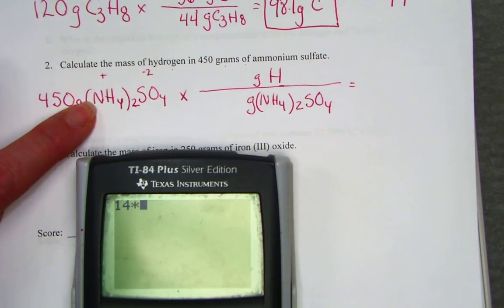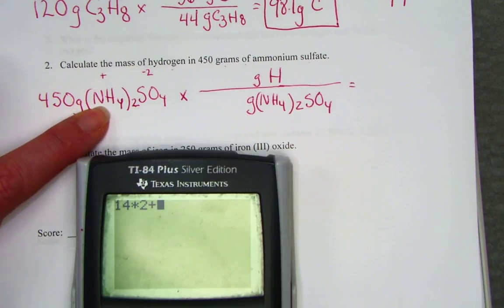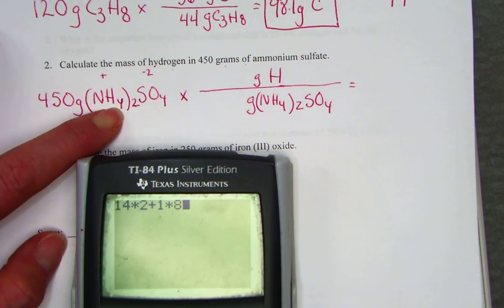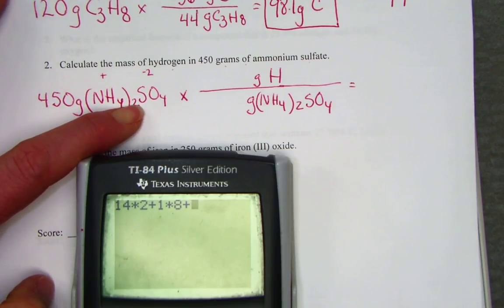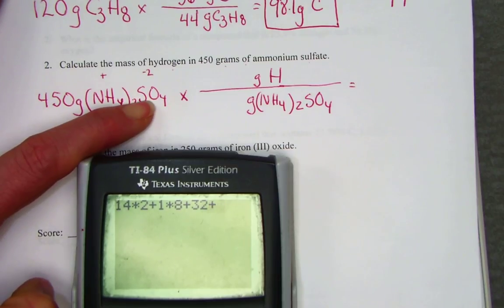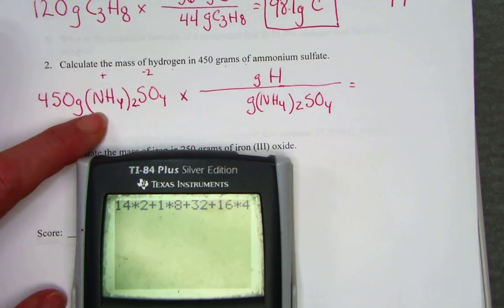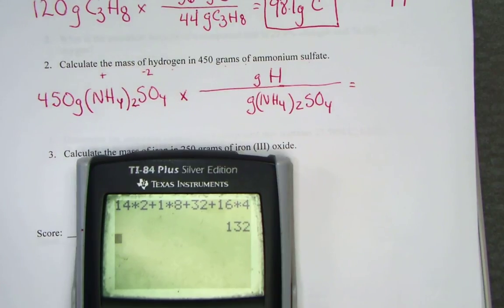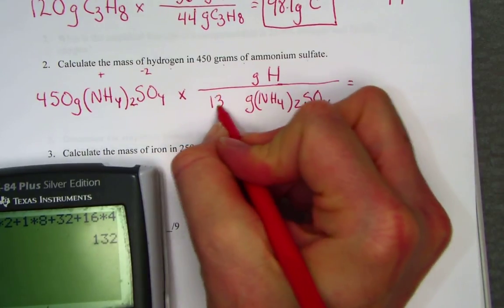That subscript is carried out through the entire parenthesis, so 14 times 2, plus hydrogen's atomic weight of 1, 4 times 2 gives me a total of 8 in the compound, plus sulfur's atomic weight of 32, and there's just 1 of them, so plus 32, and oxygen's atomic weight of 16, and I'm counting 4 altogether. So just all done on my calculator screen, I've added 2 N's, 8 H's, 1 sulfur, and 4 oxygens for a total formula weight of 132.